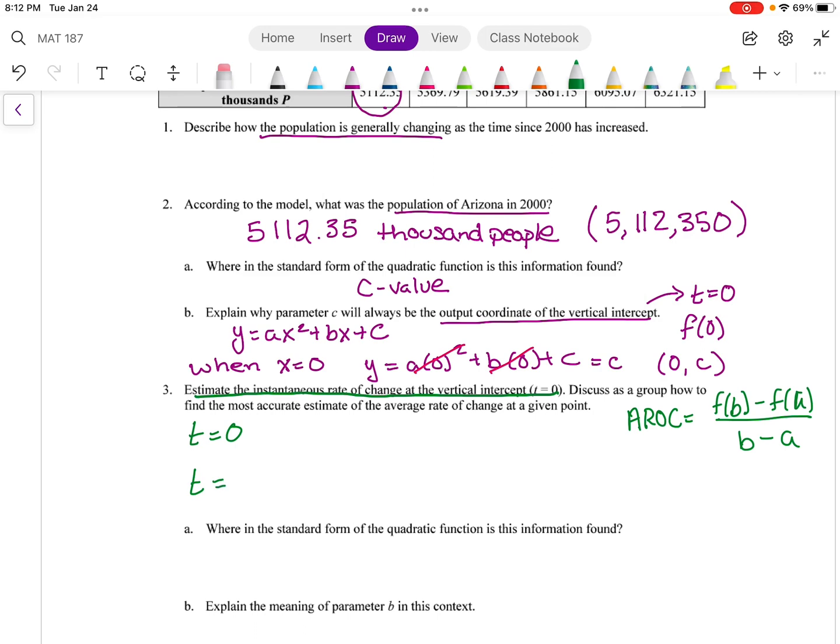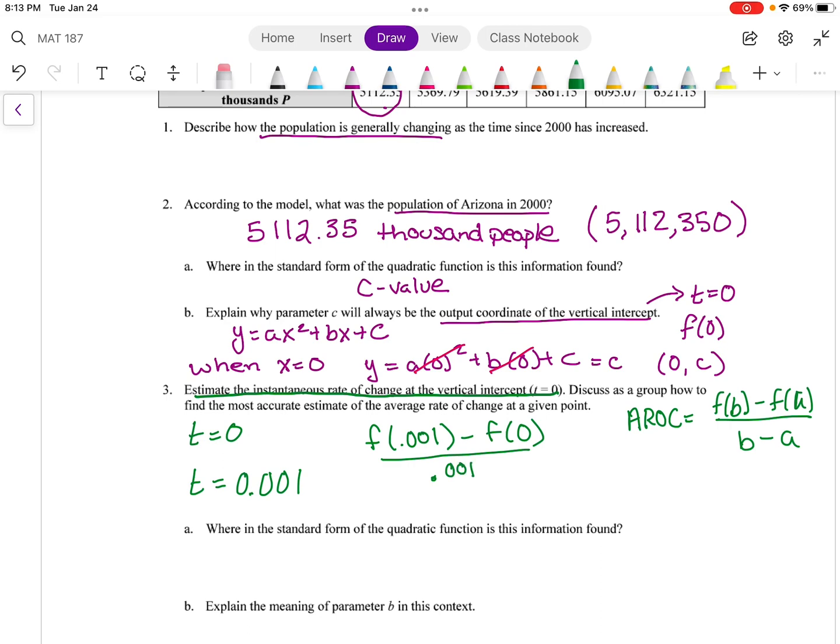I like to take it at least a few decimal places over. I want an itty bitty number that's super close to 0. So I'm going to be evaluating f of 0.001 minus f of 0, all over my change in x, which would just be 0.001.